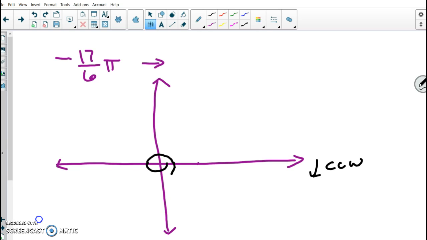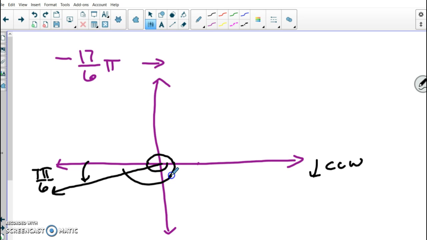So we are 1/6 shy of being another 6 around. So we're going to draw in that angle roughly, very roughly. So we can see that we are 6/6 plus this extra 1. We are our reference angle 7 pi over 6.